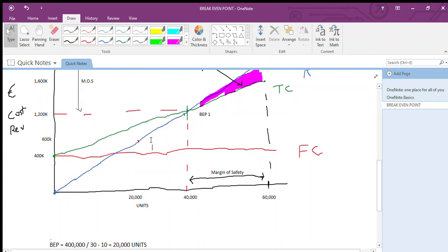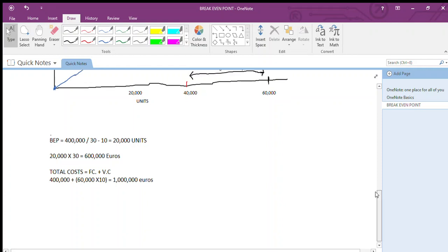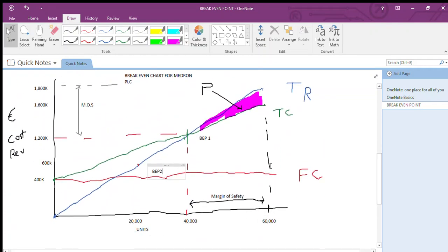I'll write in BEP2. My total costs go up to 1 million when I sell 60,000 units. So therefore, at 60,000 units, my total costs go up to 1 million, which is about this mark here. So I'm just going to draw a rough line here.